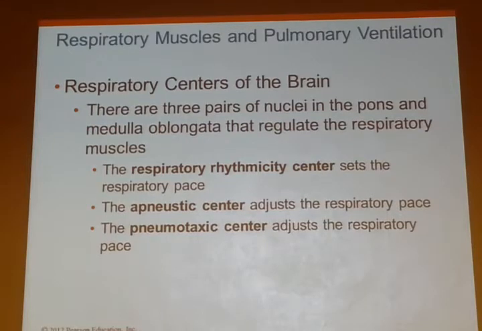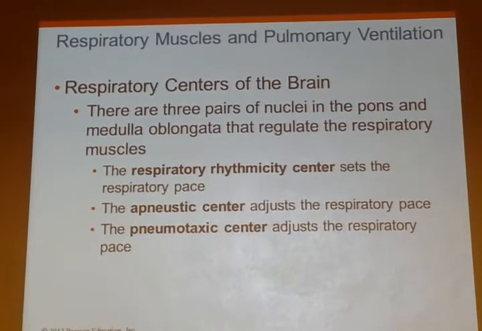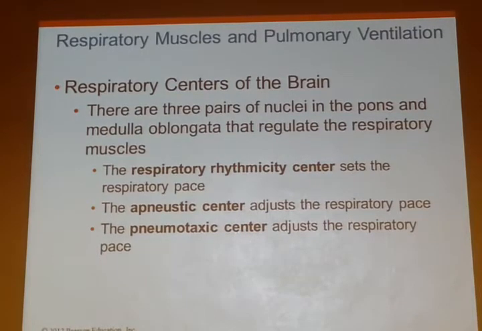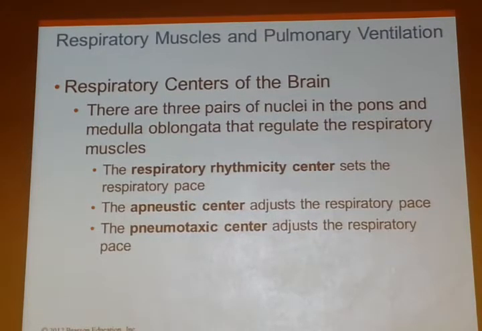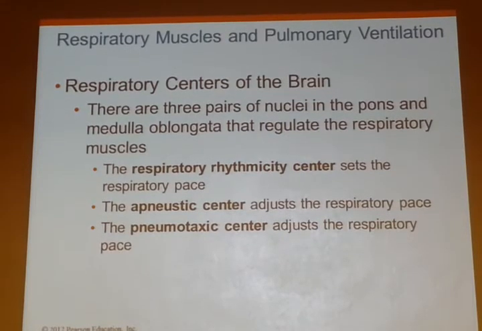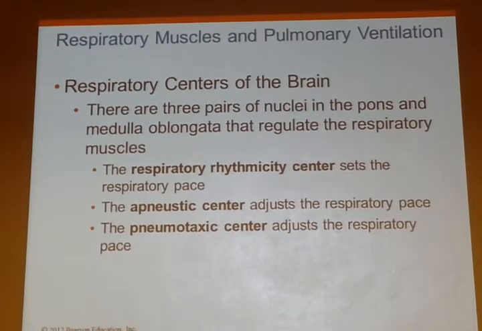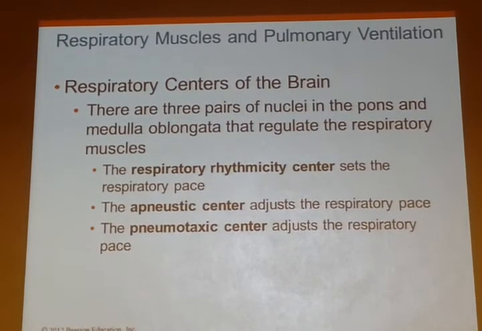You have a pace setter for inhalation, and then a pace setter that's going to cause the exhalation. So you've got an inhale, and that fires to your external intercostals and your diaphragm. And then after the volume changes, you've got an apneustic center that says you hit 500 mLs, turn off. And then those nerves are inhibited.